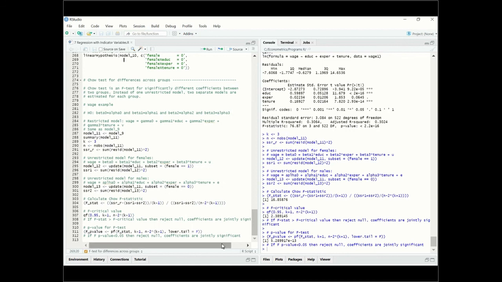Whereas here we only have restricted models, where we are basically subsetting that restricted model for female and for males, and we're estimating two separate models, and then we're using the sum squared residuals from them to calculate the F statistic. So that's how we're testing jointly whether these coefficients are significantly different from 0. So this concludes this presentation. Thanks for watching.